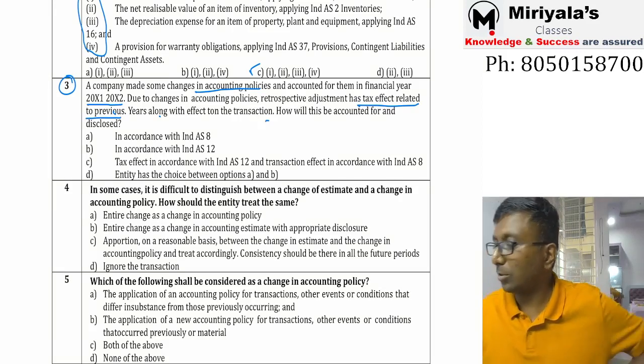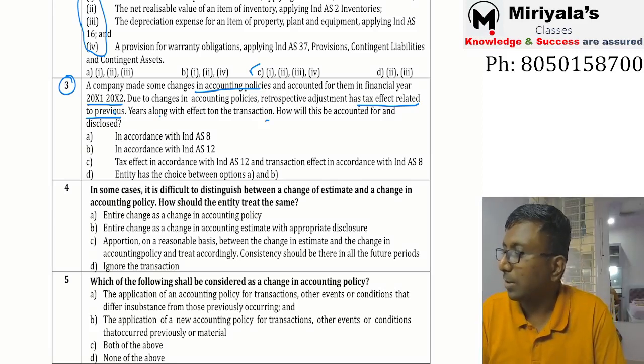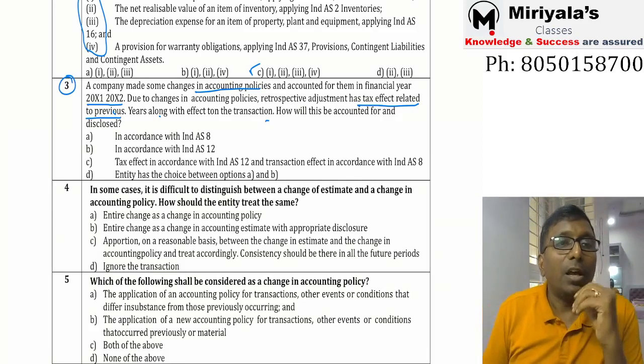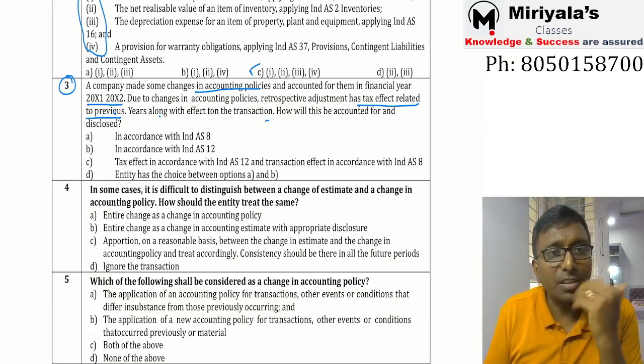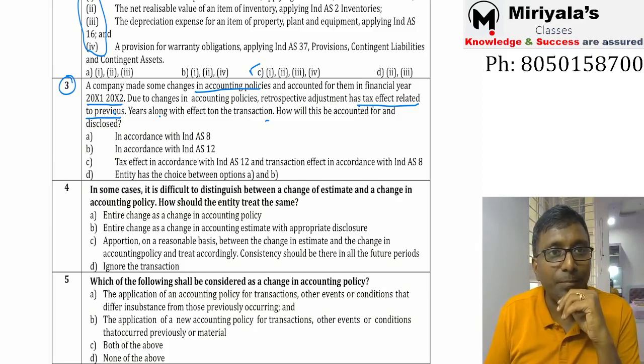What are we supposed to do? How do we show this impact? Is it as per Ind AS 8 or as per Ind AS 12? The tax effect is in accordance with Ind AS 12 and the transaction effect is with respect to Ind AS 8. The entity has a choice between A and B.